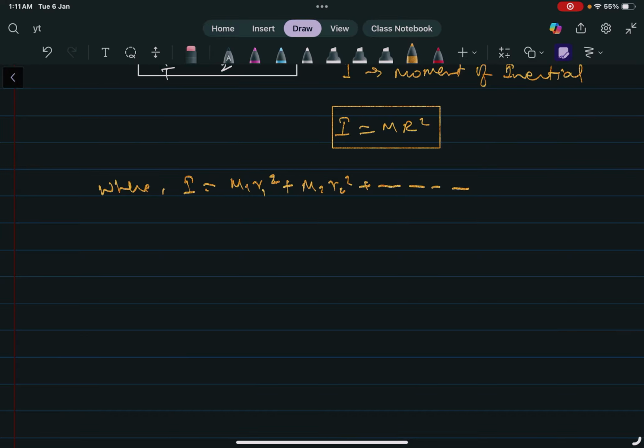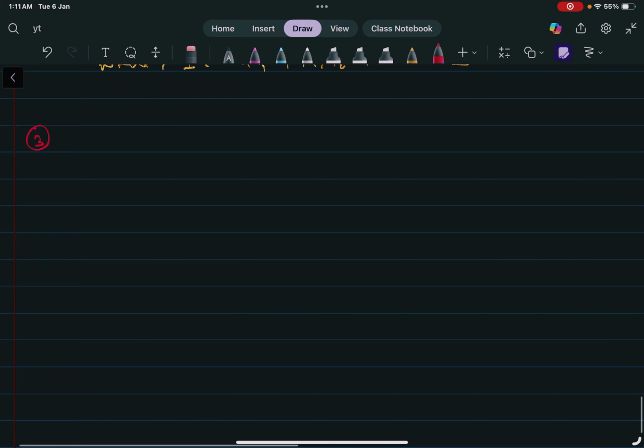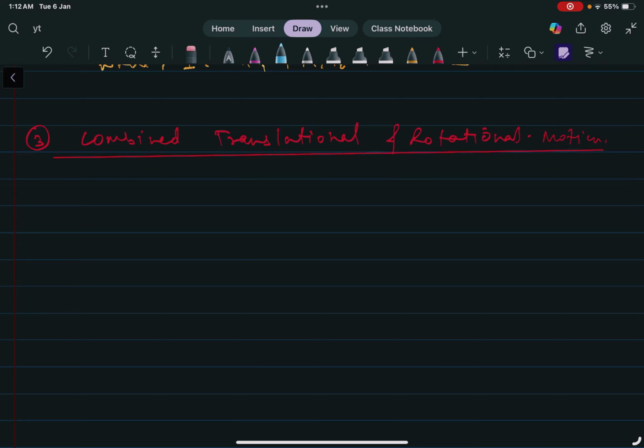Now further, the third part we are discussing here is combined translational and rotational motion. Okay, combined translational and rotational motion, what are we doing here?